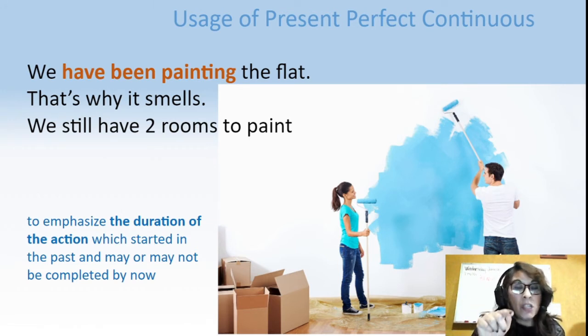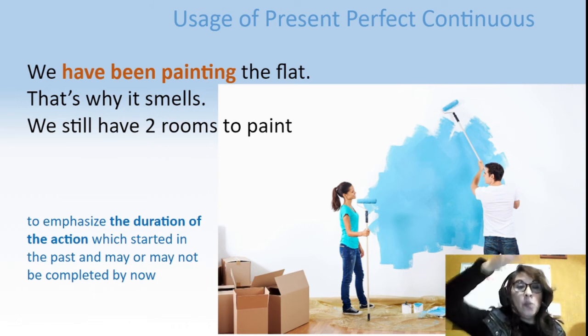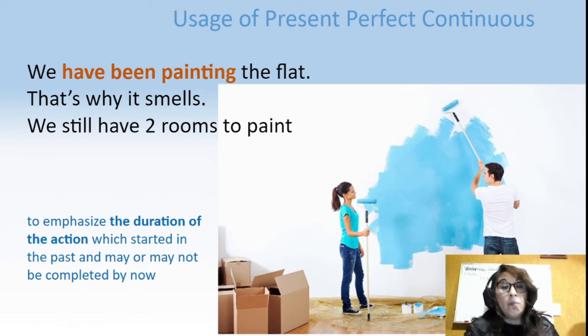If you check the picture, they continue painting the flat. They haven't finished. So they have been painting the flat. Maybe for 2 hours, I don't know. Yes? Nosotros hemos estado pintando el departamento.